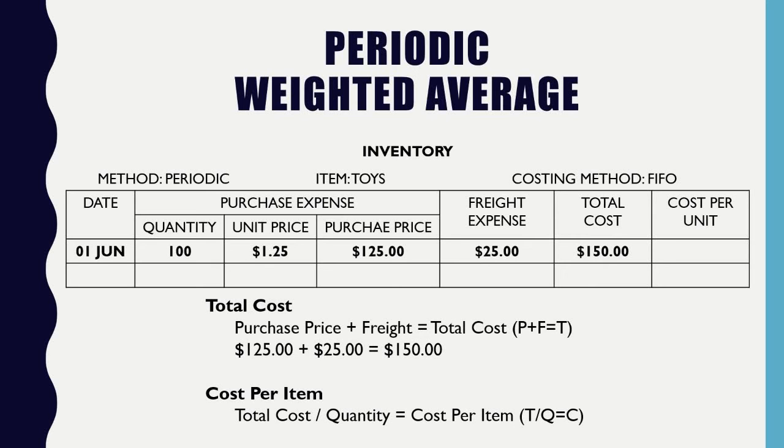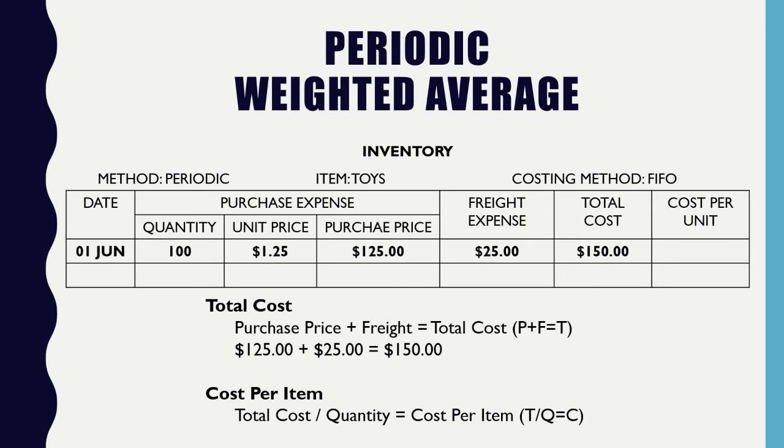Since we only have one batch of inventory, and this is our very first batch, you are going to solve for the cost per item, because what if this is the only batch of inventory that you purchase? If this is the only one, then your average cost per item is going to be the same as your regular cost per item for this batch.